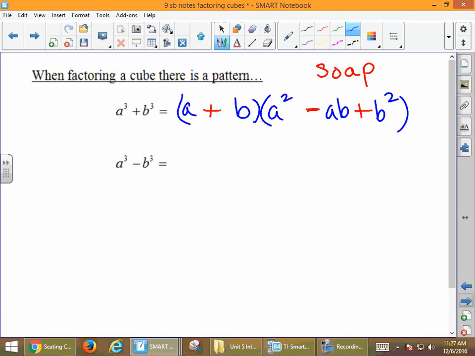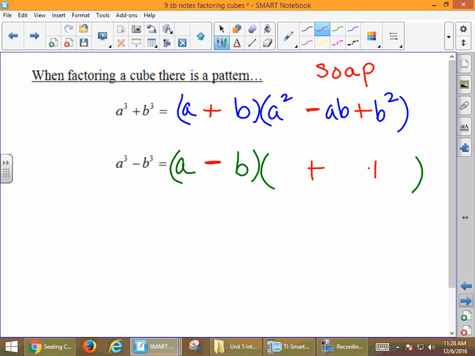The pattern does not dramatically change when we have a cubed minus b cubed. The cube root of a cubed is a. The cube root of b cubed is b. A times a times a. B times b times b. Same sign. Opposite sign.